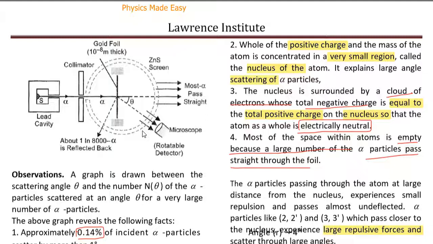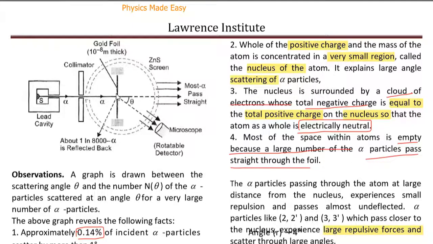What was concluded is that most of the alpha particles pass straight. It pointed to the fact that most of the atom is empty. Only one alpha particle among 8,000 or 10,000 retraced its path.